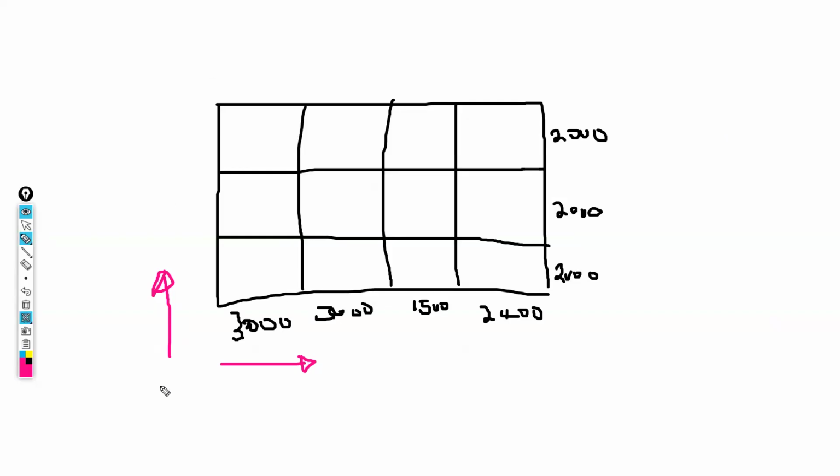You get it? So along this direction, this is direction 1, D1. Then around this direction, D2.